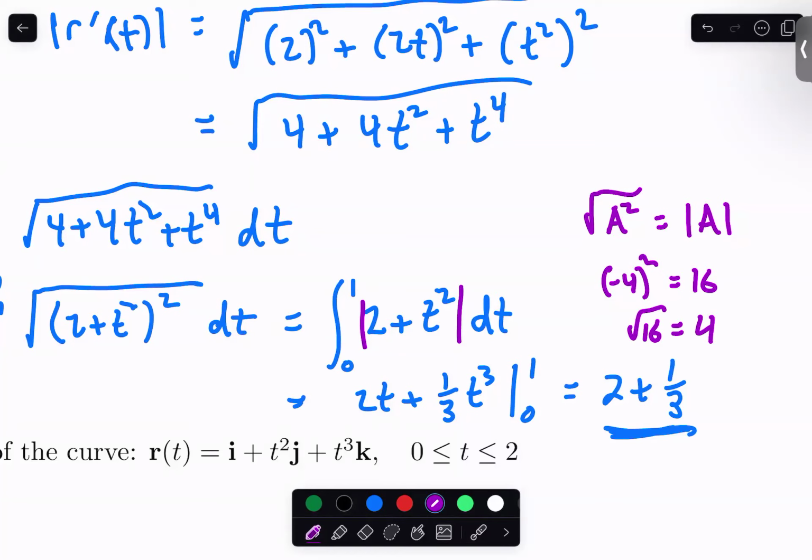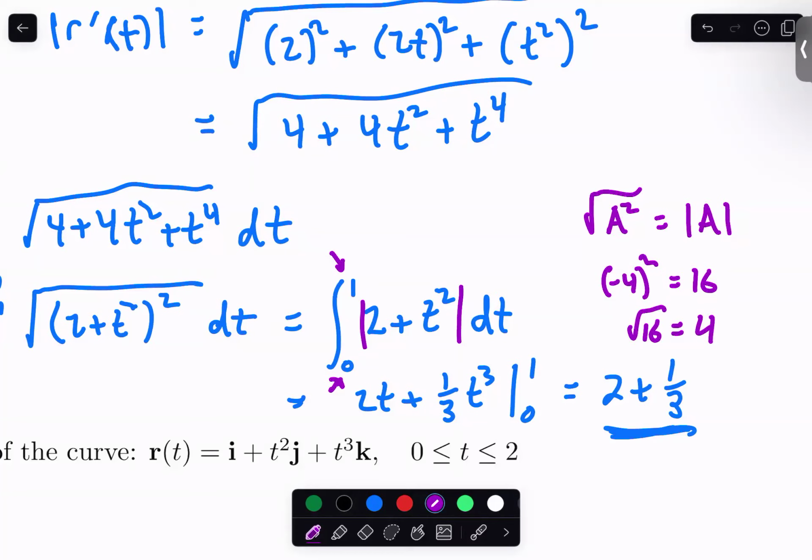Now the next step is for me to say that we really don't need those absolute value signs there, right? The thing is that t ranges from 0 to 1. My lower bound is 0, and my upper bound is 1. So the things that I'm plugging in for t, worst case 0, best case 1, and we're taking that and adding it to 2. So that means that the things inside of this absolute value range from 2 to 3.